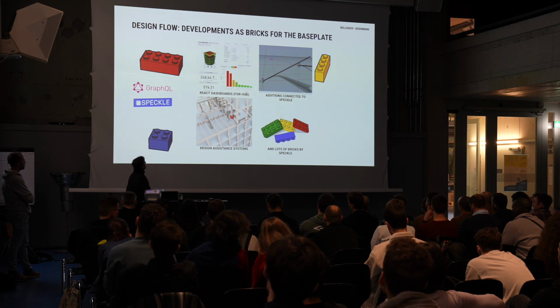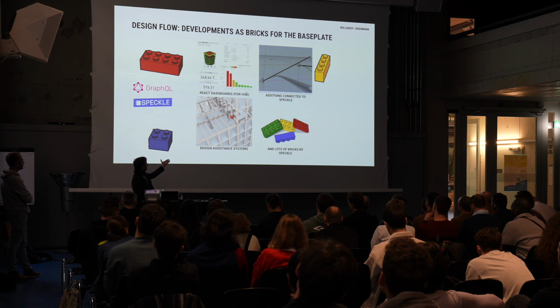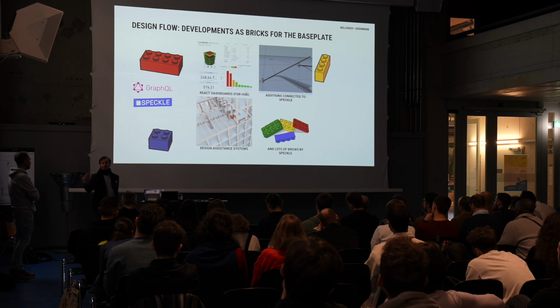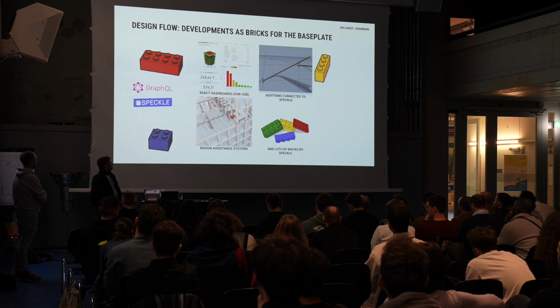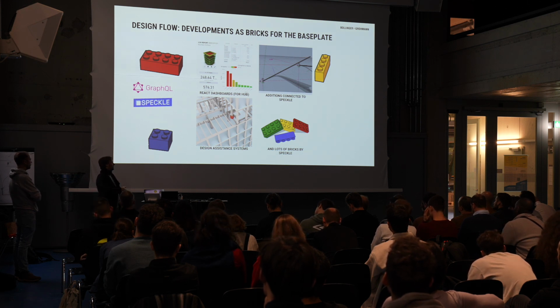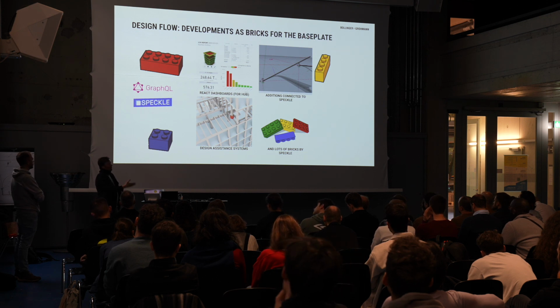This is something we are building this year. This below, the design assistance system, is something which Alan also mentioned with Automate. We see it not just as a solution to create something like a bill of materials, but as something which assists us in checking things.